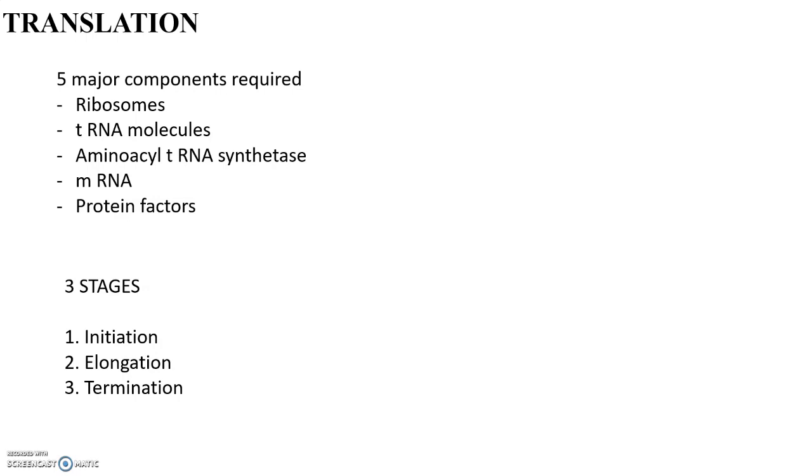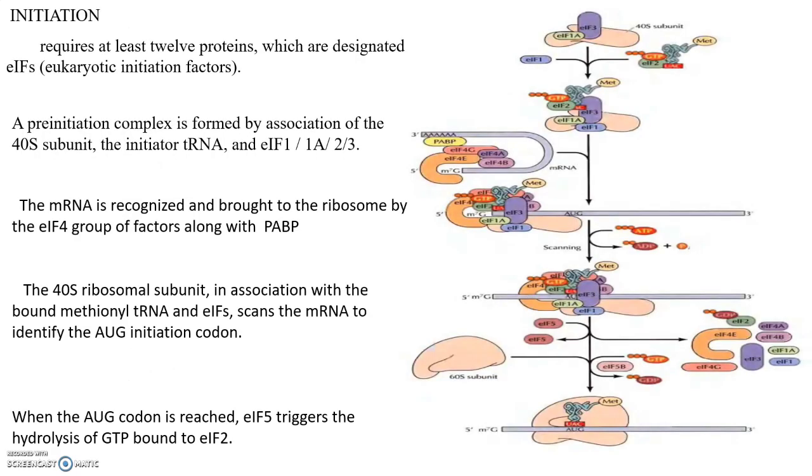The translation process is divided into 3 stages: initiation, elongation and termination. Initiation is a complex process in eukaryotes, and it requires 12 protein factors designated as eukaryotic initiation factors, that is eIFs.